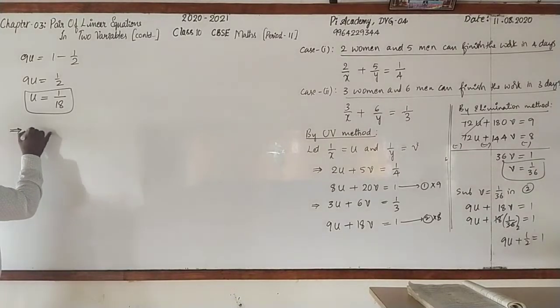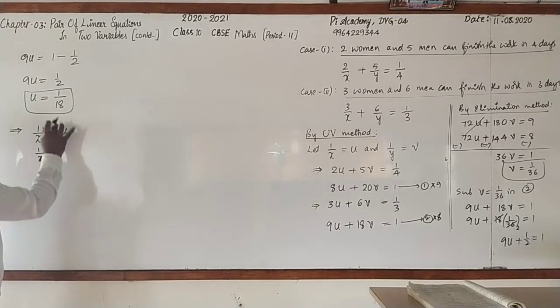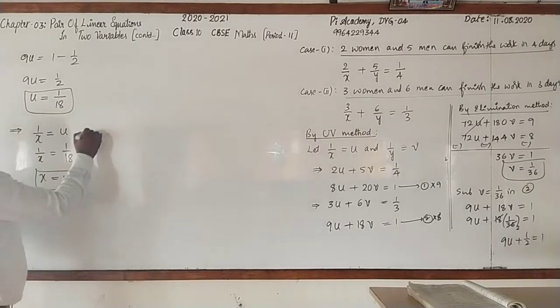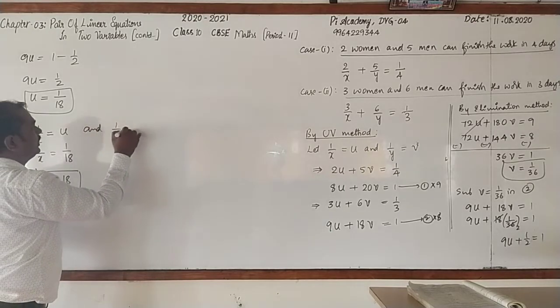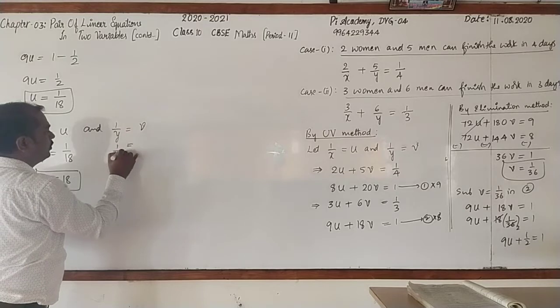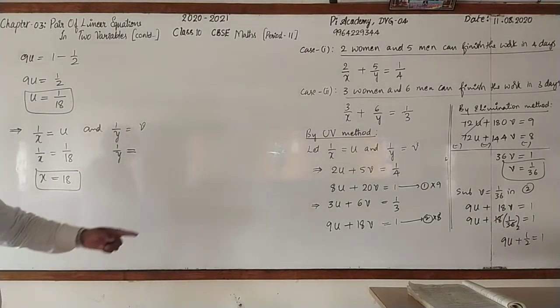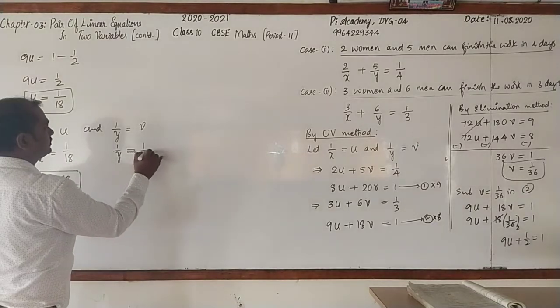Next, let's go for taking substitution. We all know that 1 by X is equal to U. What is U? 1 by 18. So X is equal to 18. And 1 by Y is equal to V, where V is 1 by 36.